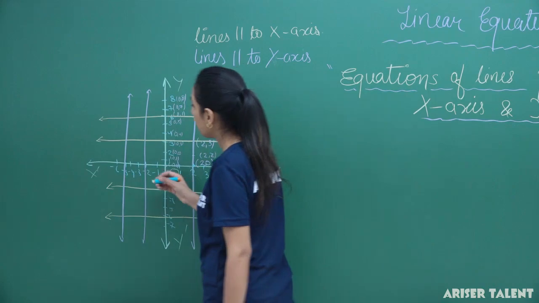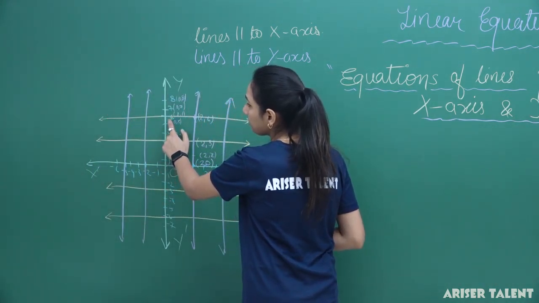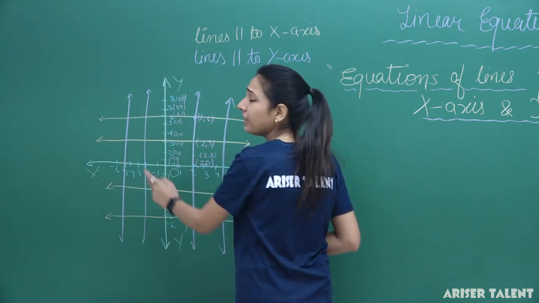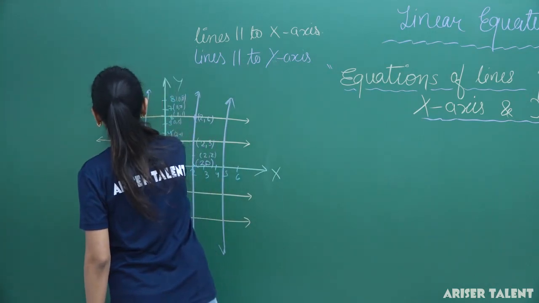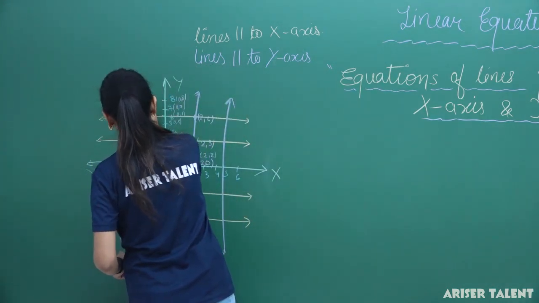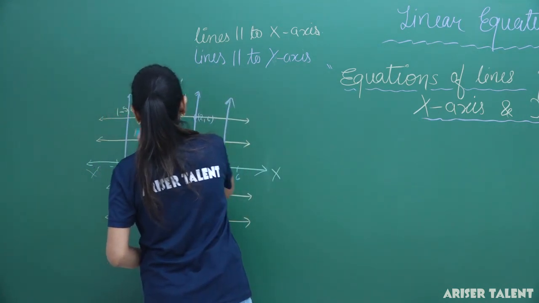In this case, let us see what is happening at this point. This is 6 at y and minus 5 at x. So that will be minus 5, 6. Here it is minus 2, so that will be minus 2, 6.